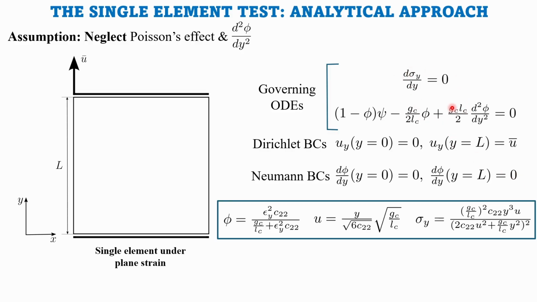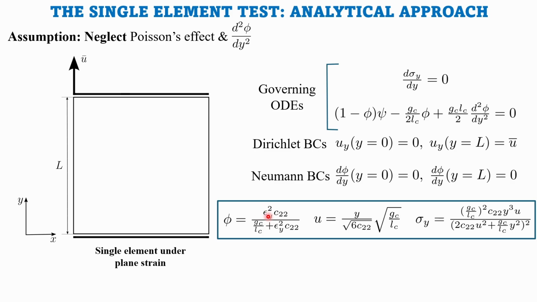So when you solve these equations, you can try it out for yourself. When you solve for u, sigma y and phi, where sigma y is derivable from u, essentially when you solve for phi and u, you get these expressions. Now look very carefully. Phi is what? Epsilon y square C22, where C22 is your stiffness term and epsilon y is the prescribed strain due to displacement.